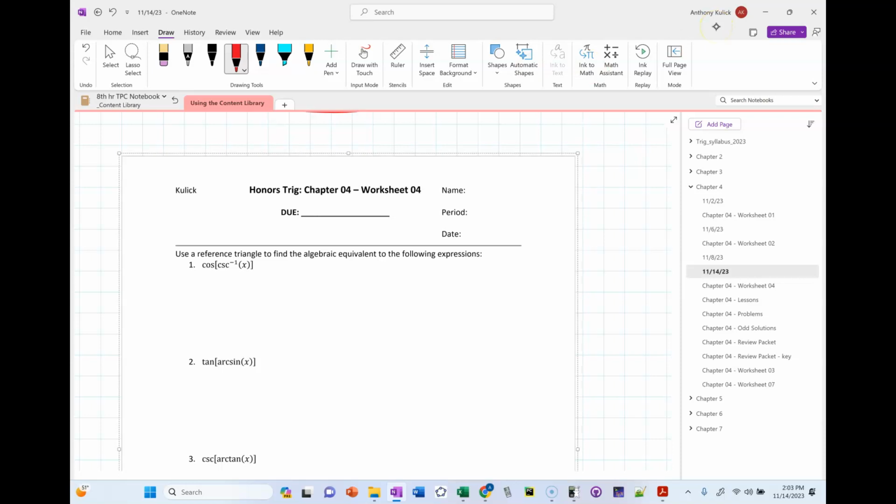All right, so what do we do? The inside stuff we call theta. So theta is cosecant inverse of x, right? That's the same thing as saying cosecant theta is equal to x. Cosecant is 1 over sine.